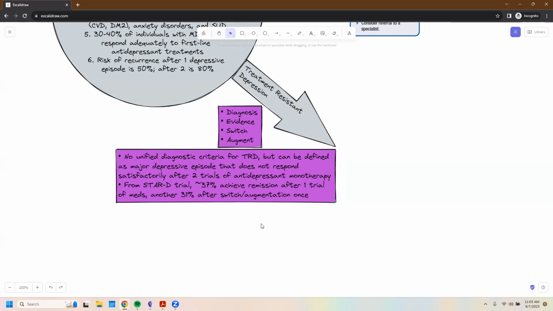The treatment effect size for antidepressants is actually pretty abysmal. And if you're thinking about it, this is at least 3 months or so until you get some kind of remission status for depression.